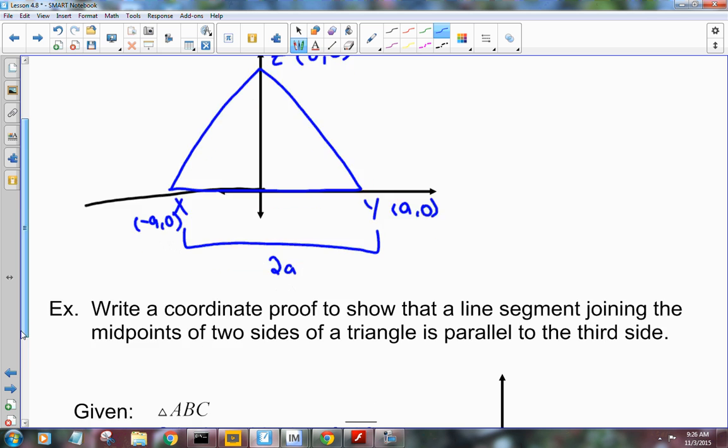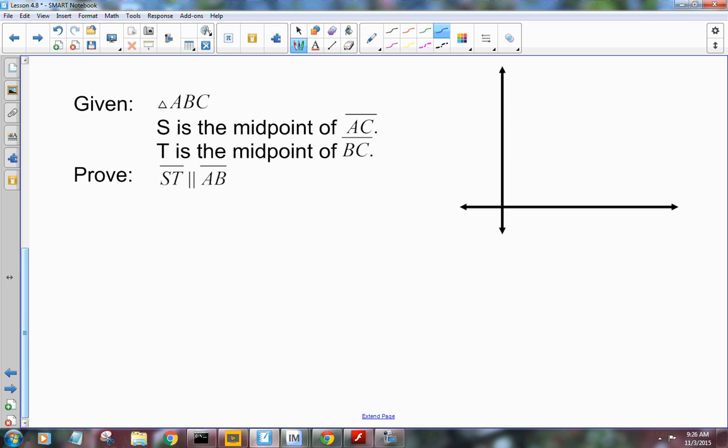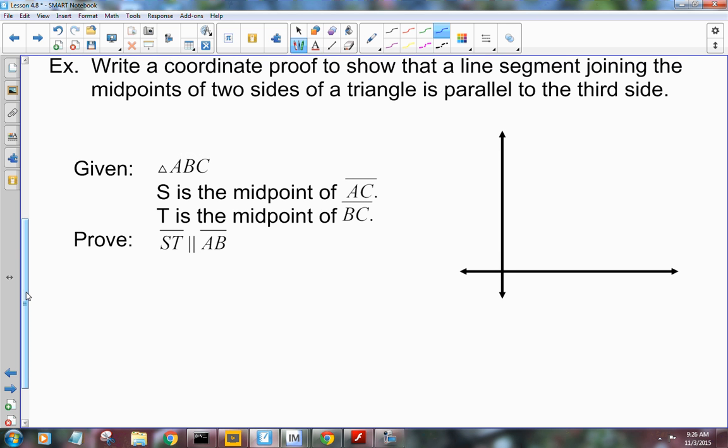All right, now, this is a coordinate proof. Just write a coordinate proof to show that a line segment joining the midpoints of two sides of a triangle is parallel to the third side. Okay? How do we know that two lines are parallel? Back from chapter 3. How do we know that two lines are parallel?